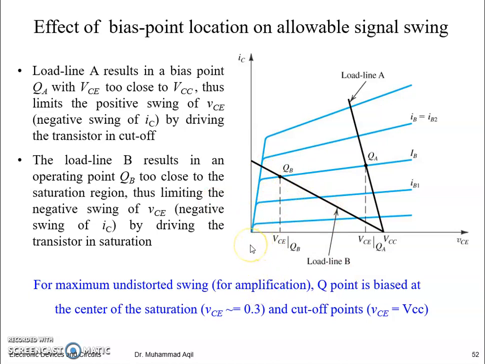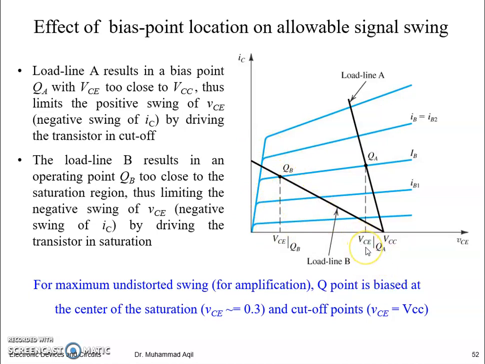So remember, in practical application and simulation, when you are having a negative phase clipping of VCE or positive phase clipping of IC, you are entering into the saturation region. Your Q point is too near to the saturation point. It's not in the middle.